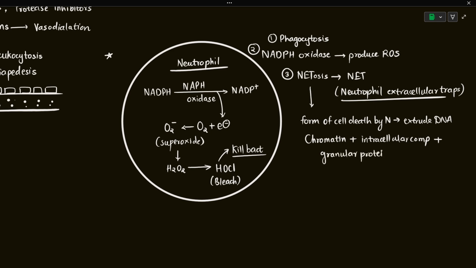Those granular proteins have antimicrobial peptides. So that is why it is going to have a high local concentration of antimicrobial peptides.